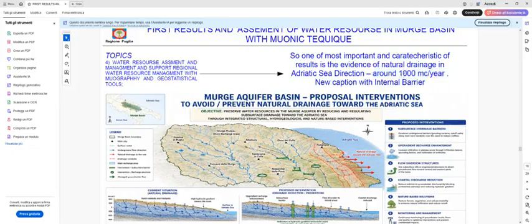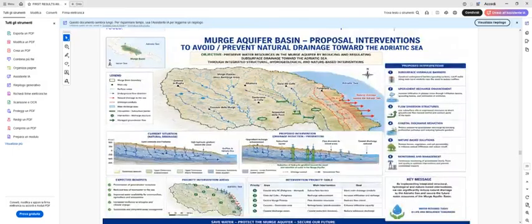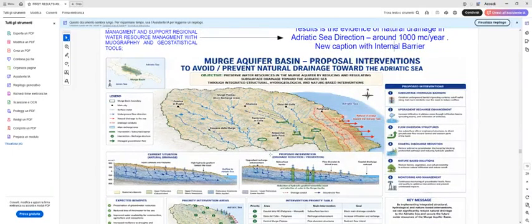To solve this and maintain this water and not disperse it in the Adriatic Sea, we are suggesting to the administration to create a new planning of the subsurface with new caption and internal barriers. Proposal: intervention to avoid and prevent natural drainage toward the Adriatic Sea.